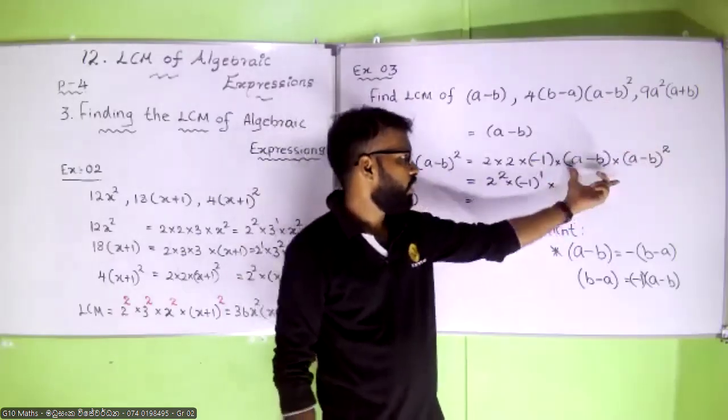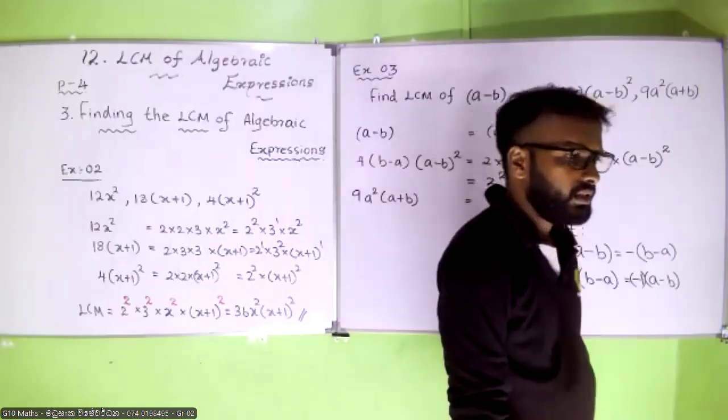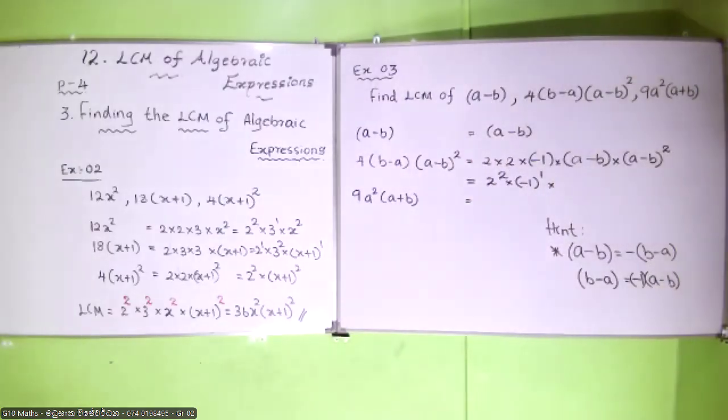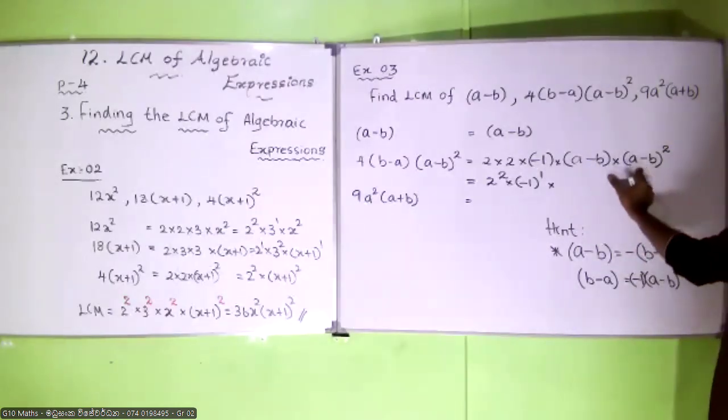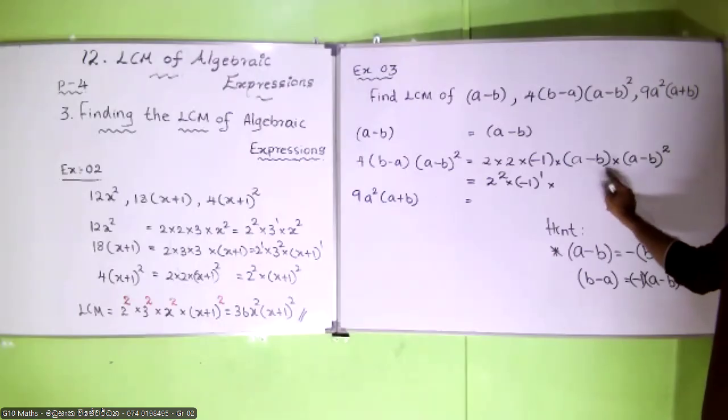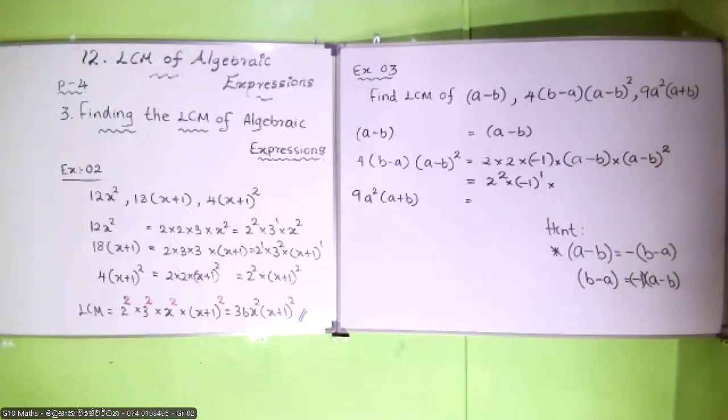Can anyone tell me how we are going to take this into a single form? How are we going to use your indices knowledge to write these two? What could be the final answer? Tell me.